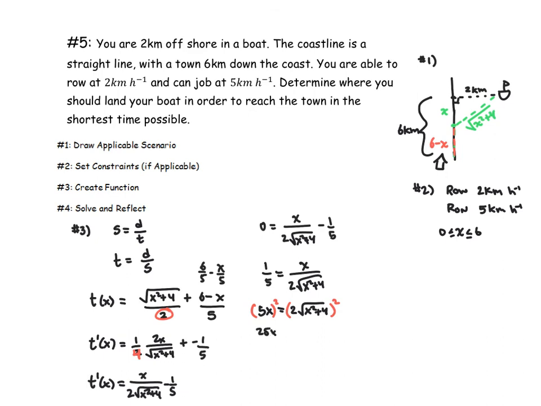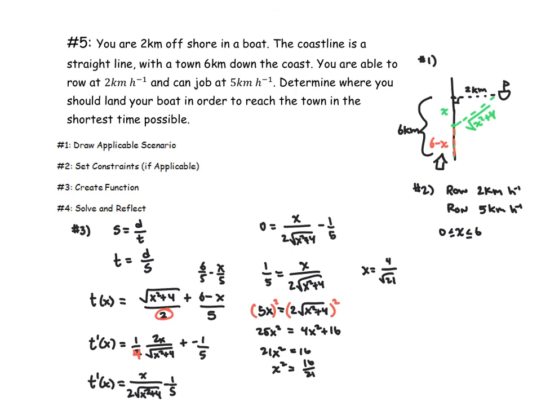So I get 25x squared equals 4 times the quantity x squared plus 4, so 4x squared plus 16. I'm going to subtract 4x squared. That gives me 21x squared equals 16. So x squared is equal to 16/21. That means x is equal to 4 over the square root of 21.